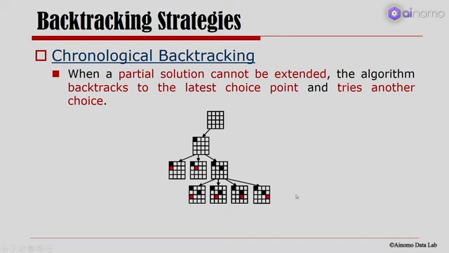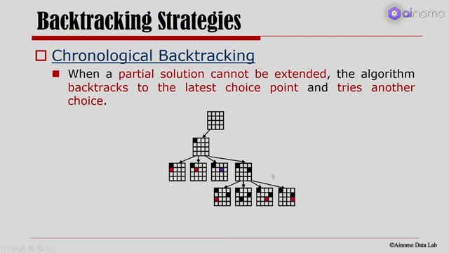According to chronological backtracking, we would now need to backtrack from here to the point where we could get the second choice. So we would backtrack from here, and we will look for using the other choice at this choice point, which enables us to have a legal value for our third queen.